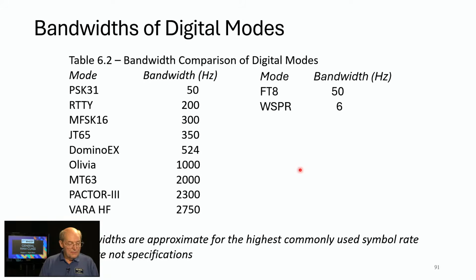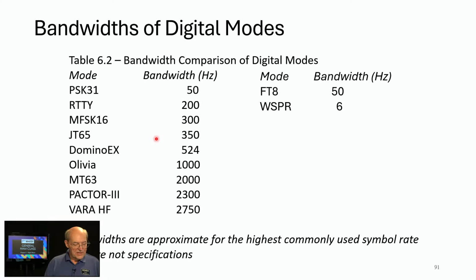So here's some bandwidth numbers for some of the common modes. Let's look at the smallest ones. FT8 we've been talking about a lot, about 50 hertz. Whisper, super narrow, but because it's so narrow, now we said that FT8 took about 15 seconds per cycle, transmit and then receive. Whisper takes about 2 minutes per cycle, so it's a lot slower, but it's a lot more sensitive.